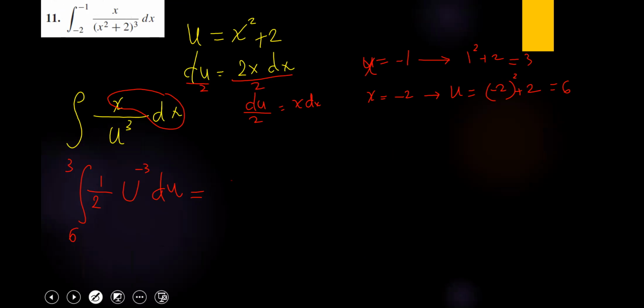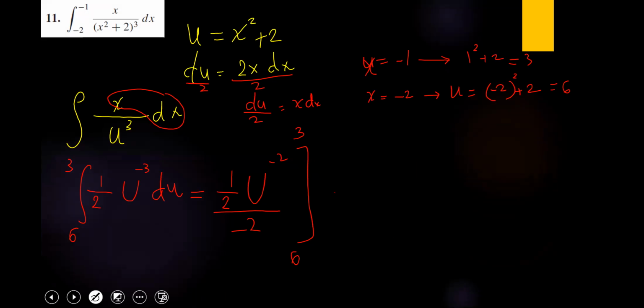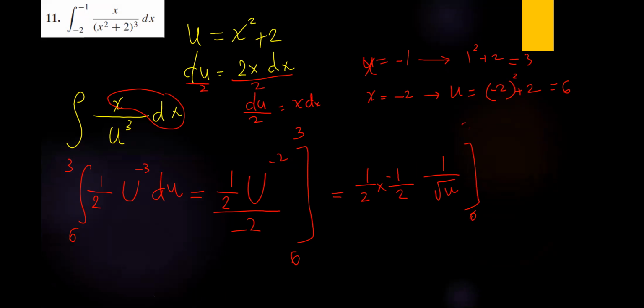Now let's continue. Here we have half times u to the power negative 2 over negative 2, from 6 to 3. Then here we have half times negative 1 over 2 times 1 over square root of u, from 6 to 3.